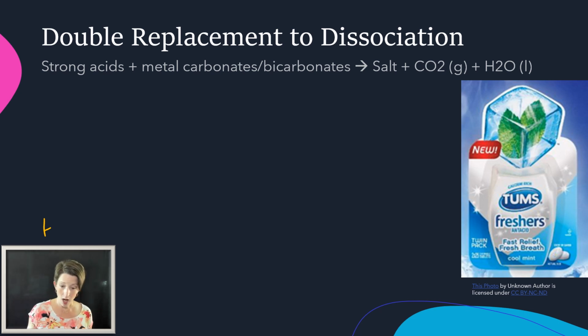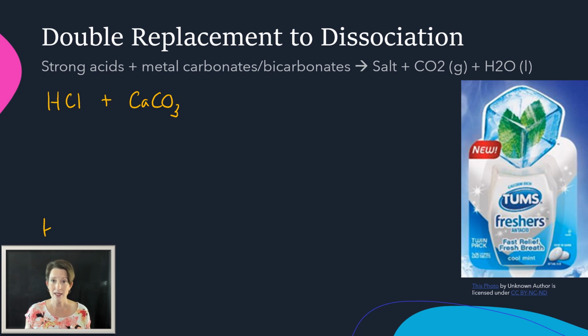The most common reaction that does occur with this is we'll have hydrochloric acid reacting with calcium carbonate. This is a reaction that can happen in the ocean. Calcium carbonate is what makes up limestone or the shells of clams, oysters, lobsters, stuff like that.